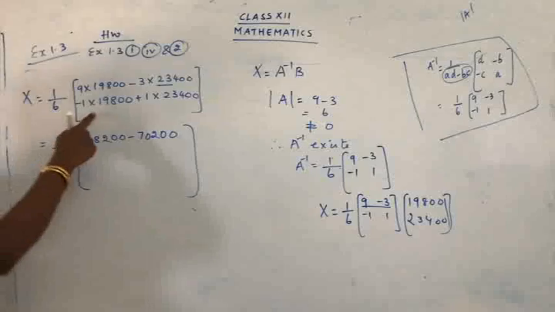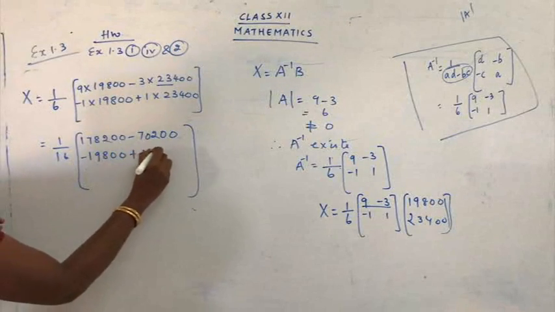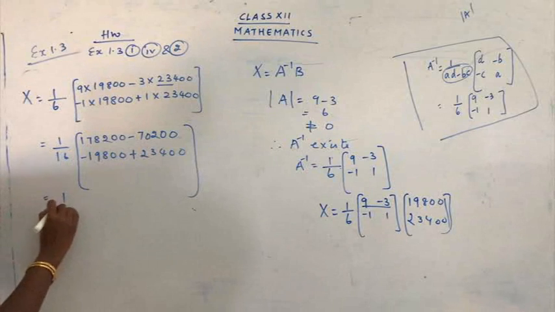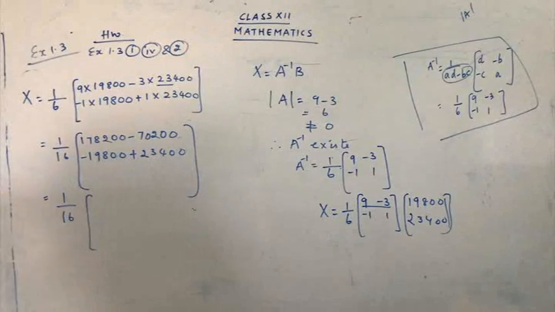The next part is simple. This is minus 19,800 plus 23,400. So when you solve, do the subtraction.